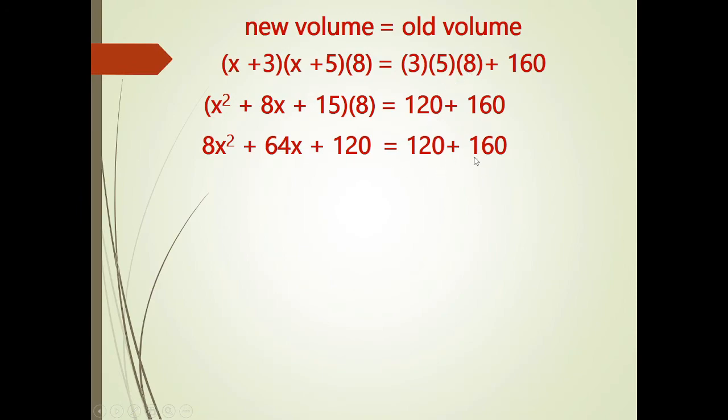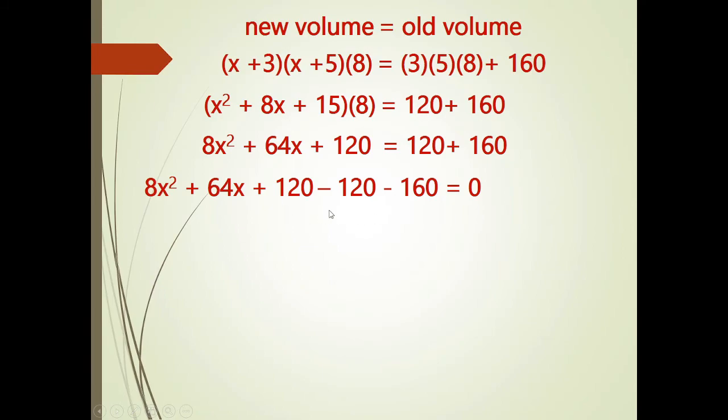Next, transpose the terms so that we have a polynomial equation. Transpose the 120 and the 160 to the left side. We get 8x squared plus 64x plus 120 minus 120 minus 160 equals 0.